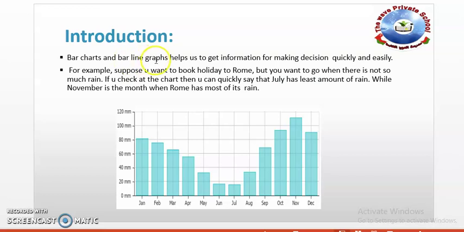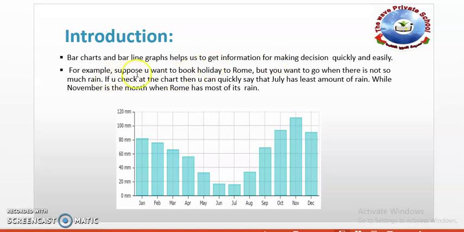Bar charts and bar line graphs help us to get information for making decisions quickly and easily. Why do we need to make these charts that we call bar charts and bar line graphs? They help us to get information for making decisions quickly and easily.